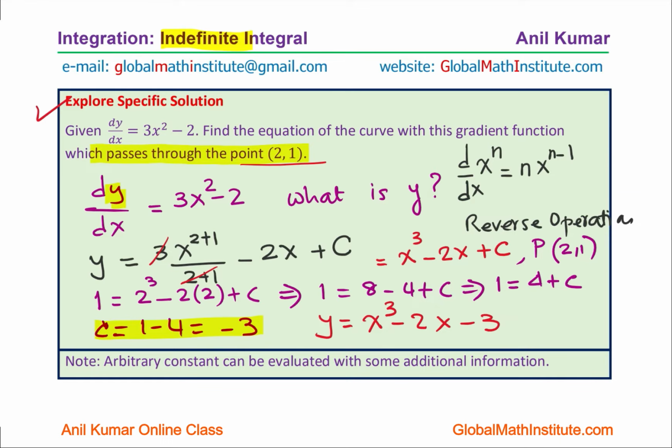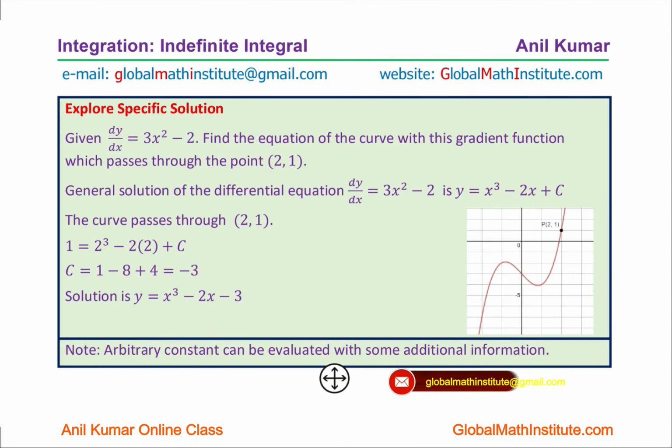So let's summarize. So here is the solution with the diagram, correct? So once again, the differential equation given to us is 3x squared minus 2. We needed to find the equation of the curve that passed through 2, 1. So we find the integral, right? So the integral of 3x squared minus 2 was x cubed minus 2x plus c. The arbitrary constant c was then calculated by substituting the value 2, 1.